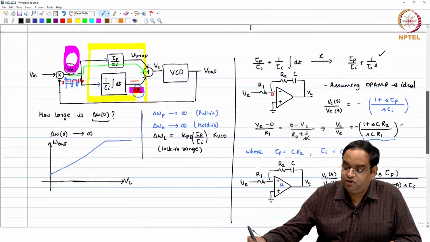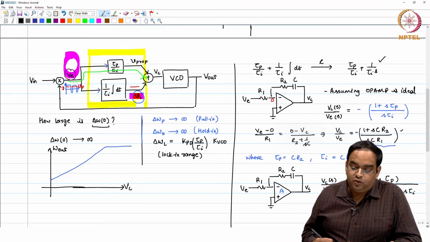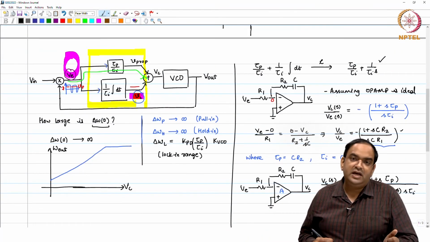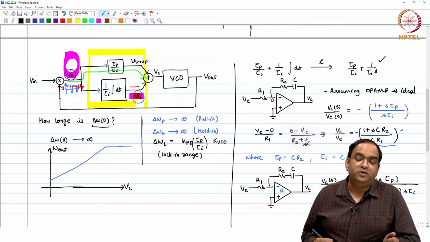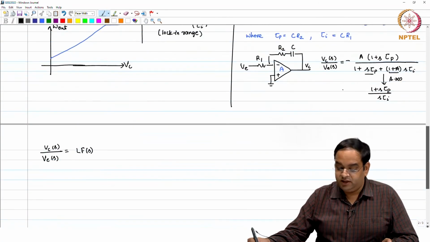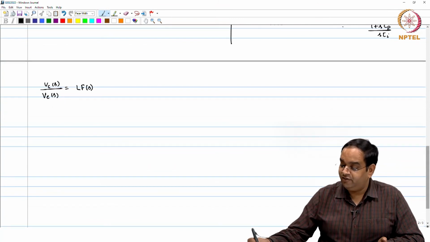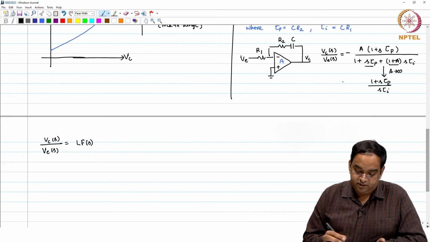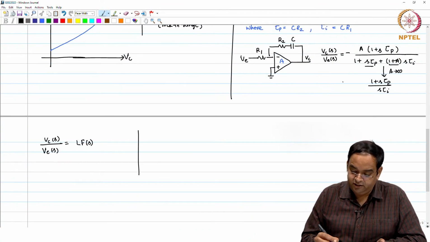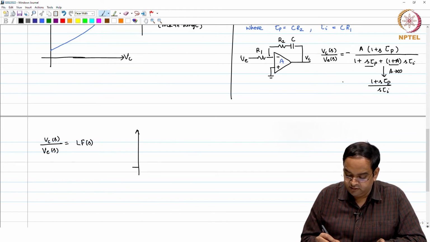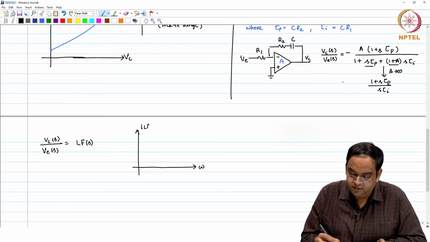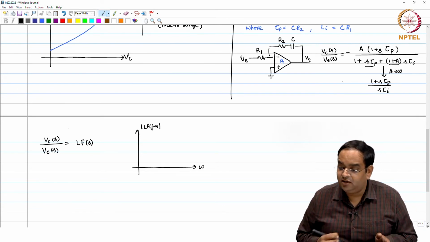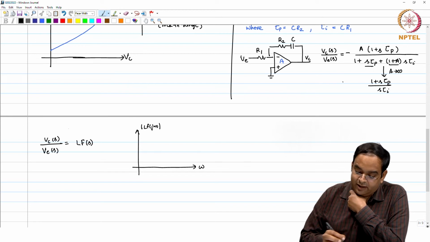It is not so simple to define the pull in range and the hold in range. Well, if I want to draw this loop filter, I can very well draw it here. It has a DC gain, and the DC gain of this loop filter happens to be A.